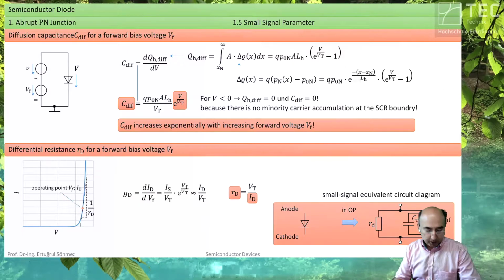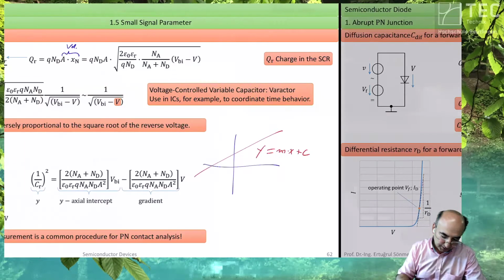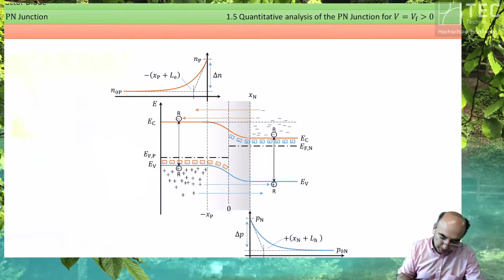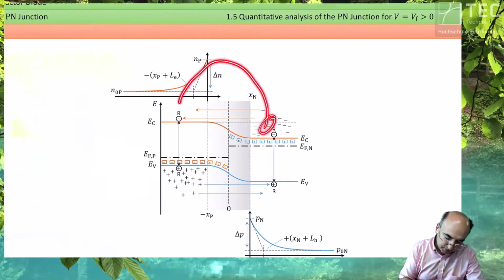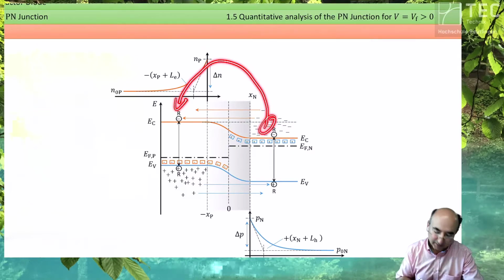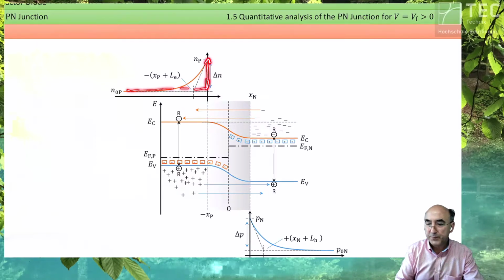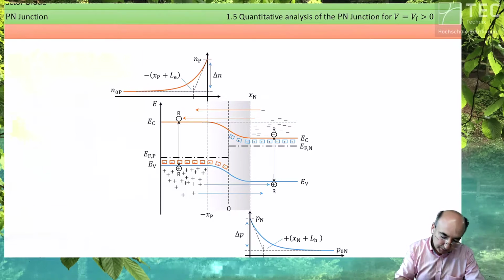We have additional charges. If you put these charges to the other side, you disturb the equilibrium. So you store here the charge in the volume.